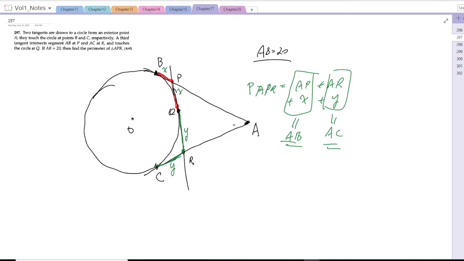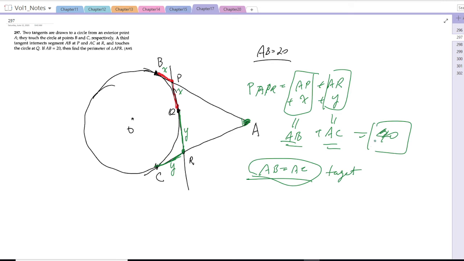Because AB and AC are both tangent lines, they are equal. So this one is 40.